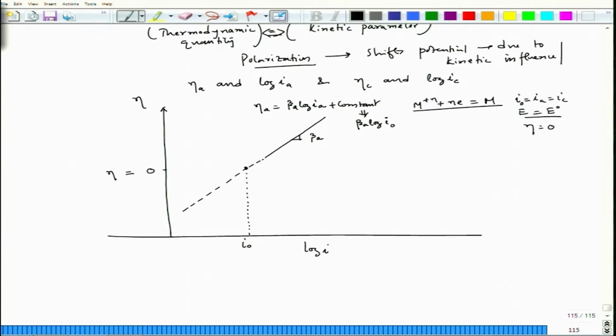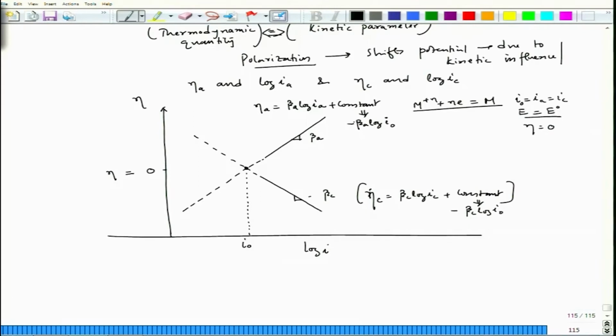I can also have a plot between eta C and beta IC. So, that plot would be this one, and if we extend this, this would also follow through this particular I0 point, and this slope is beta C, which is of negative slope, and the relation is eta C equal to beta C log IC plus constant, and here the constant is beta C log I0.